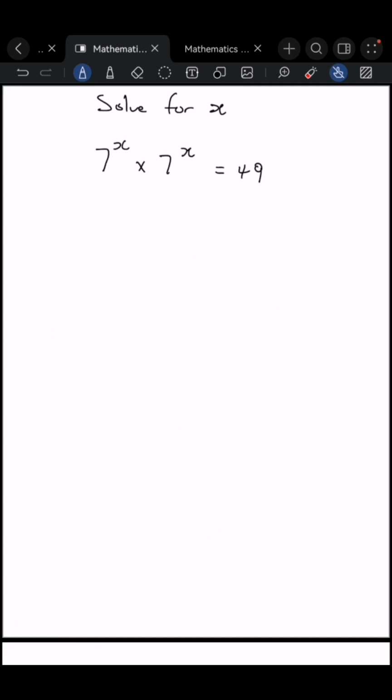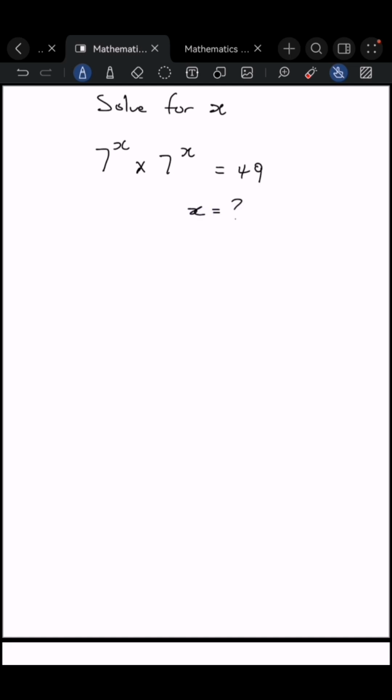Okay, we have another solve for x, which is an easy, straightforward, fun question. It says if 7 raised to the power x multiplied by 7 raised to the power x is equal to 49, what is the value of x?